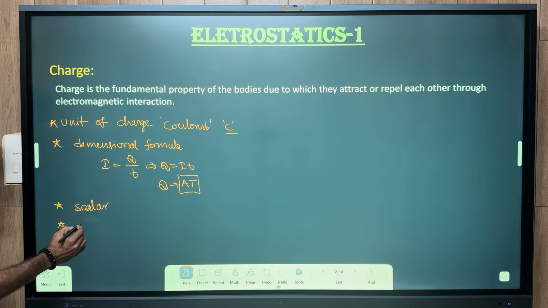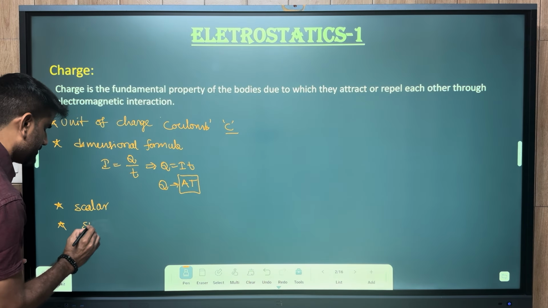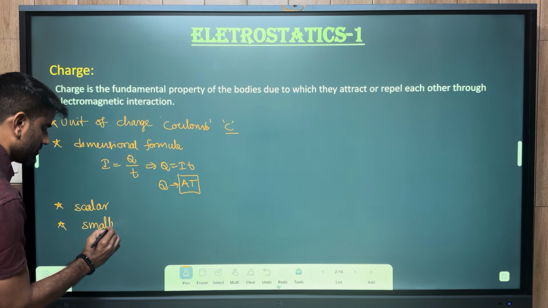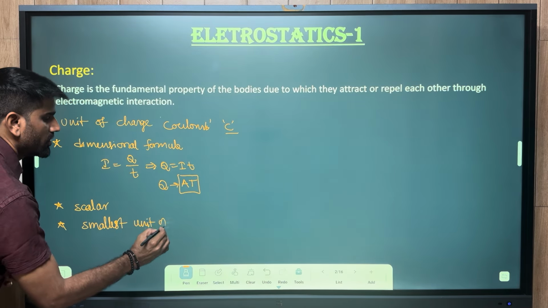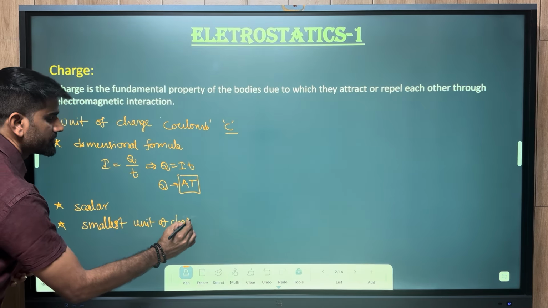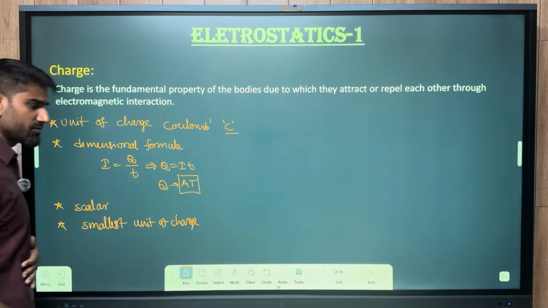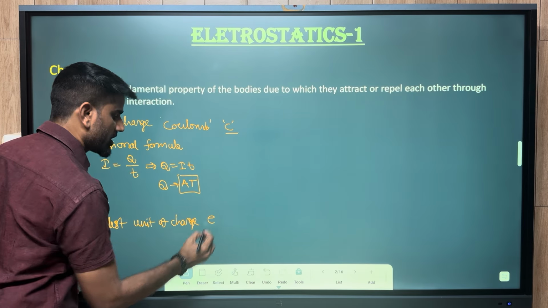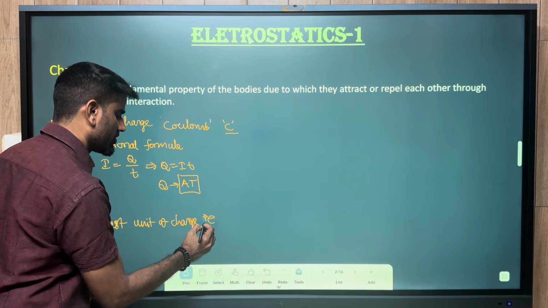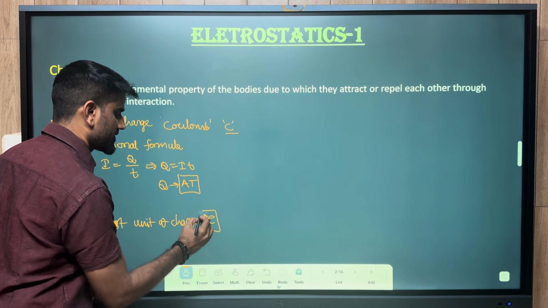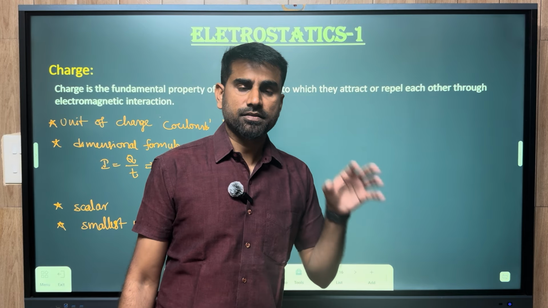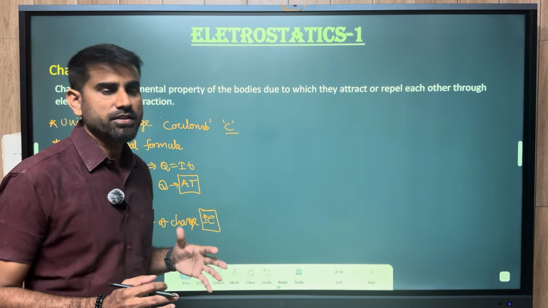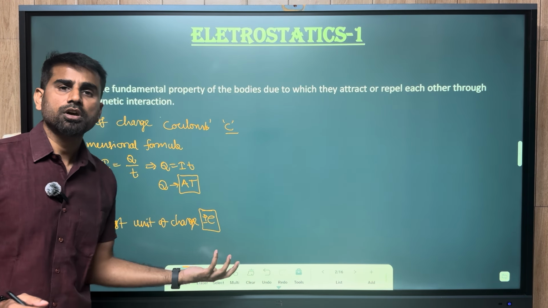Now let's move on to the next point, that is the smallest unit of charge. The smallest unit of charge is the charge of an electron or proton, as there are two types of charges. It is universally accepted that the smallest unit of charge is the charge of either electron or proton.